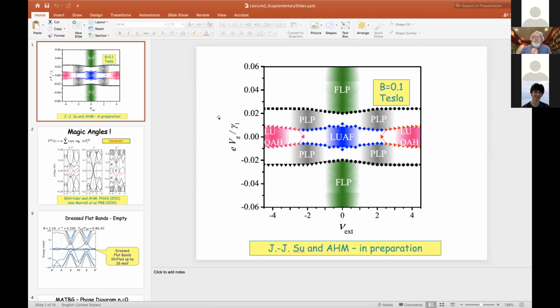And so you can have a sense of layer polarization for each of those 4 flavors.